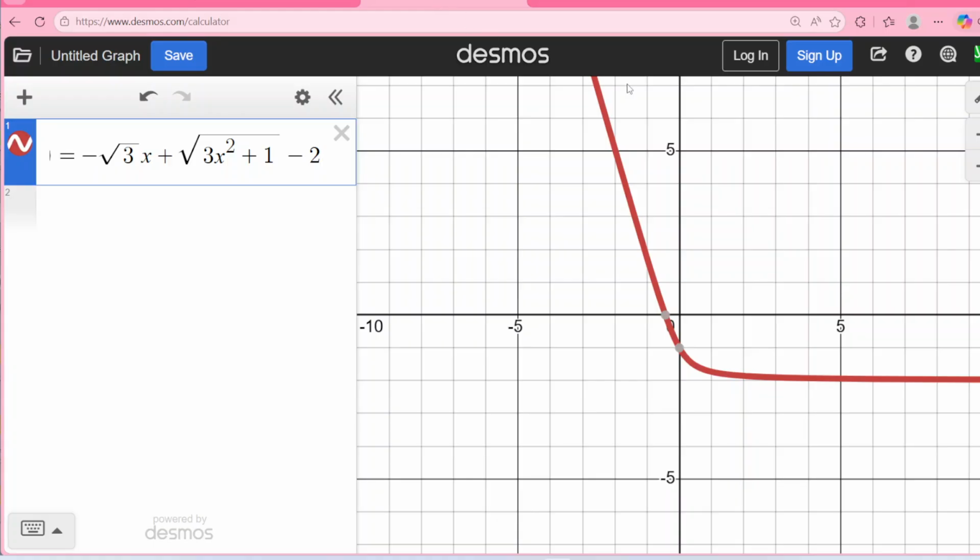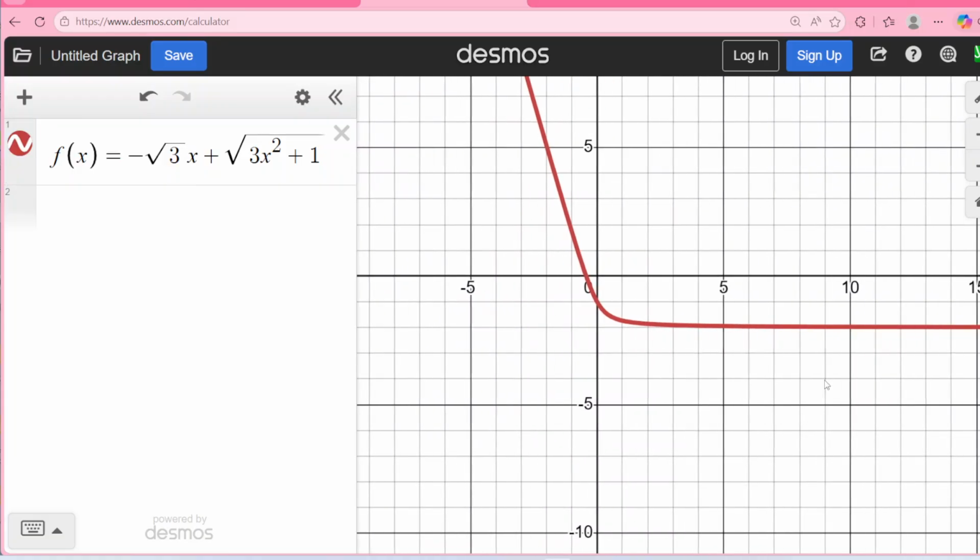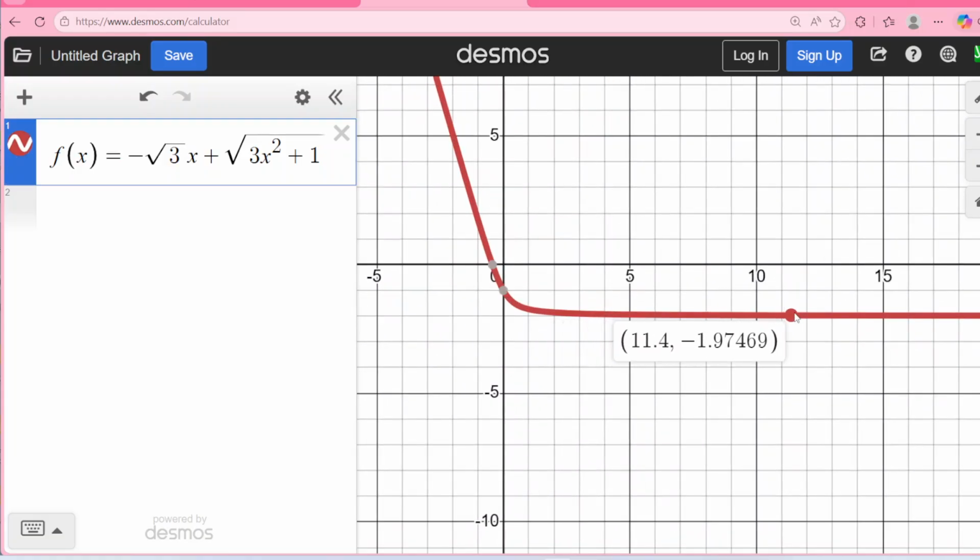All right, so now notice the limit at negative infinity looks like it's infinity, but they're asking us for the limit at infinity, right? So to the far right. Now I'm going to guess it's negative 2 just based on this. So if I go to the far right here, negative 1.97, negative 1.98, negative 1.99. Looks like it's negative 2.